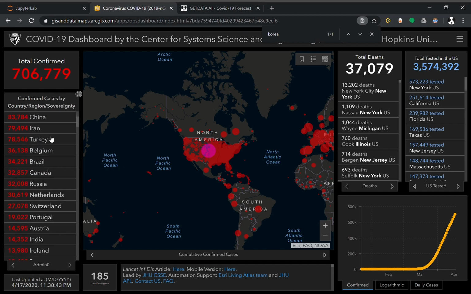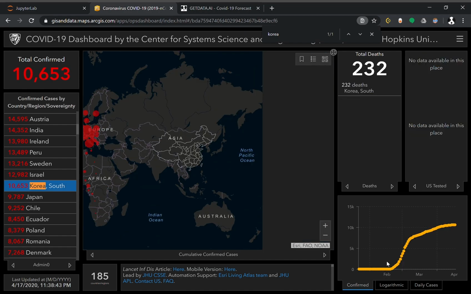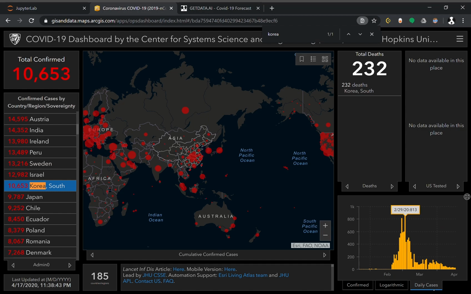Korea. Now look at their daily cases. They had a peak right in here, and they've had some smaller peaks, but they still have it. Now, hopefully they snuff it out, but they still have it.